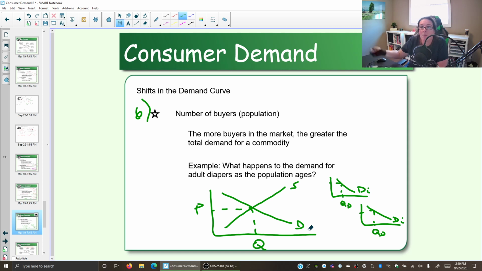So if you bring in more people who are now willing and able to buy, then you're going to have an increase in demand. So, for example, when college students like yourself come into Red Deer, then we now have more people looking for apartments to rent. And so at the current price, let's say it's $1,000 for an apartment, we now have more people who are willing and able to rent.